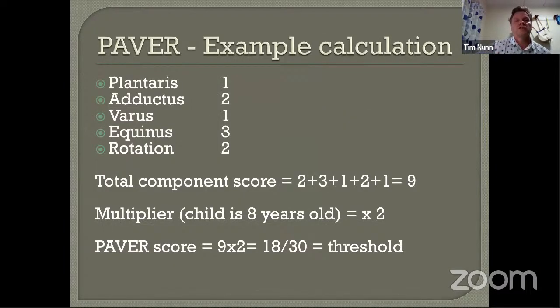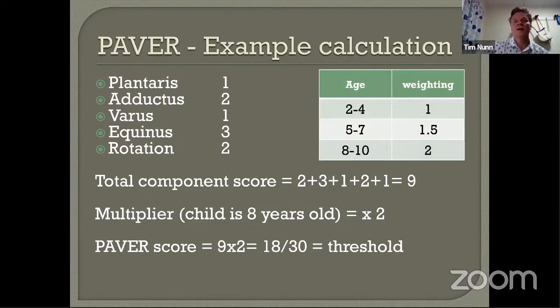So for these measured angles, they're converted into those points for plantaris, adductus, varus, equinus, and rotation, and then added up. And then the sum of those component points is multiplied by an age-related factor. And you can see the age multiplier is displayed on the screen there. This child is 8 years old, so the multiplier is 2, and the PAVA score, therefore, is 18 out of 30.